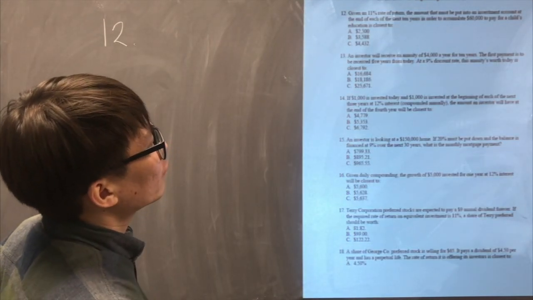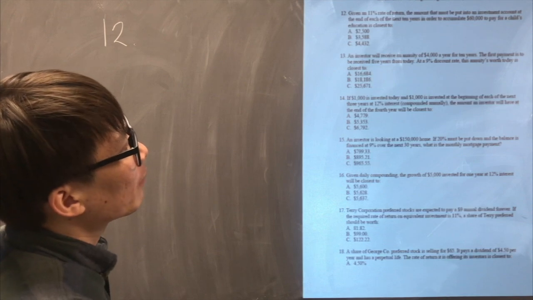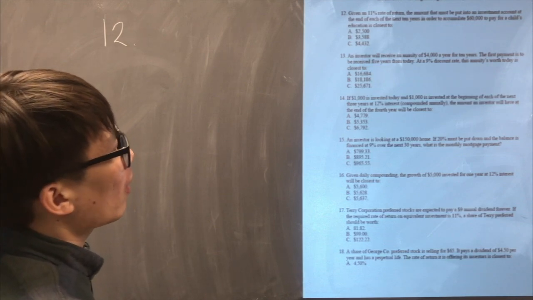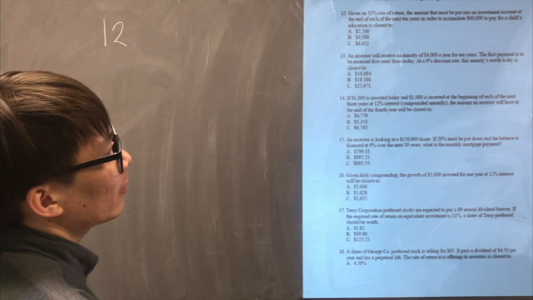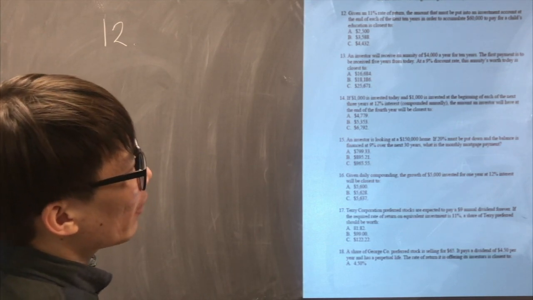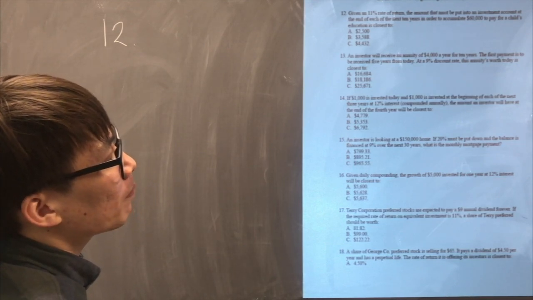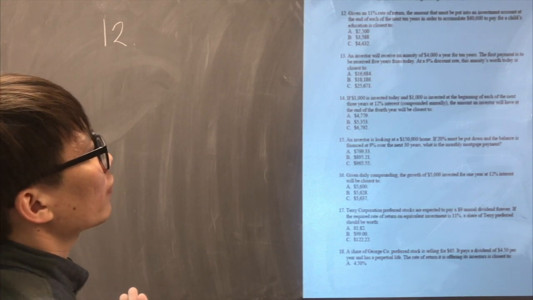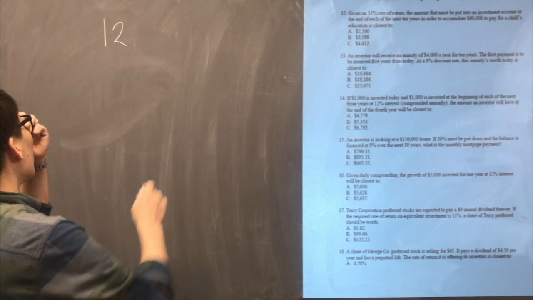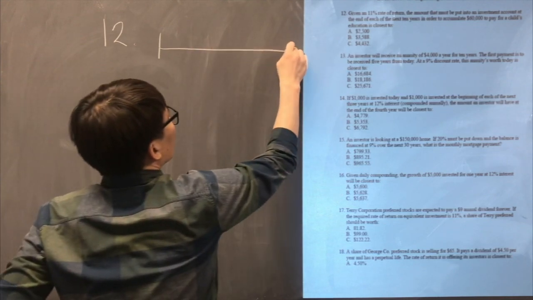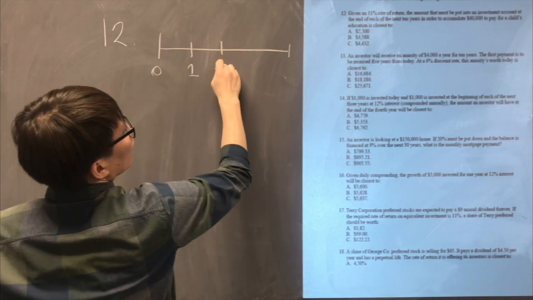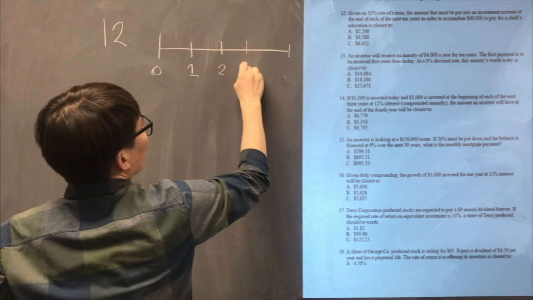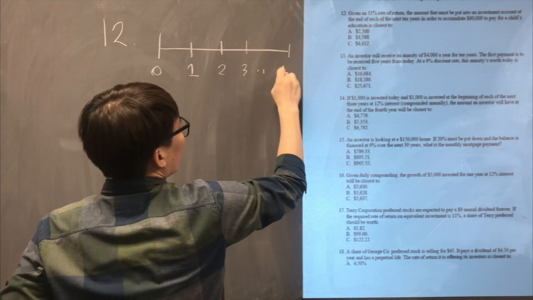Given an 11% rate of return, the amount that must be put into an investment account at the end of each of the next 10 years in order to accumulate 60,000 to pay for a child's education. So it looks like this: 0, 1, 2, 3, over the next 10 years.